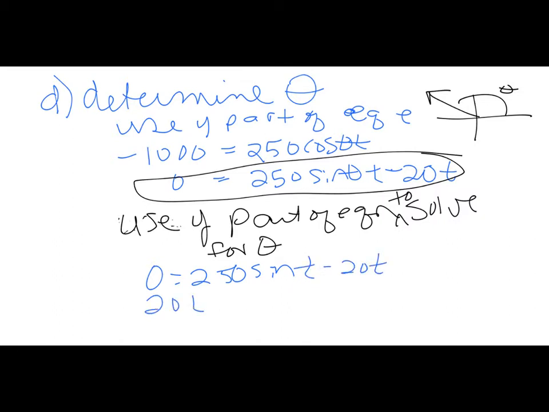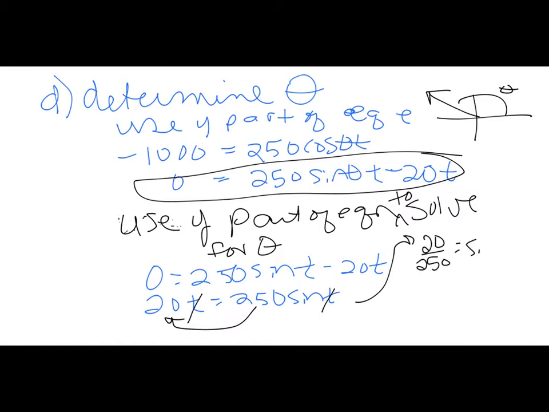That's 20t equals 250 sine t. So I can divide both sides by t and get rid of that. Move over my 250 here, and I'll get 20 over 250 equals sine, oops, I forgot the theta.